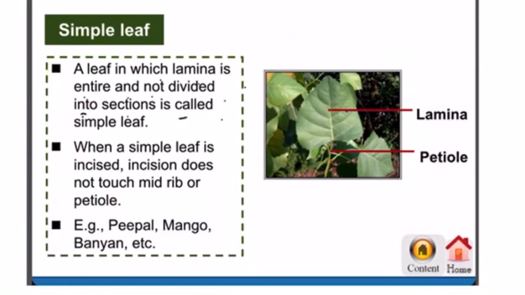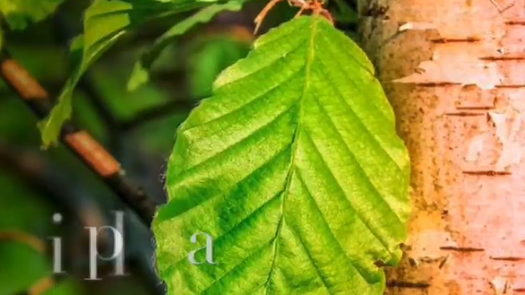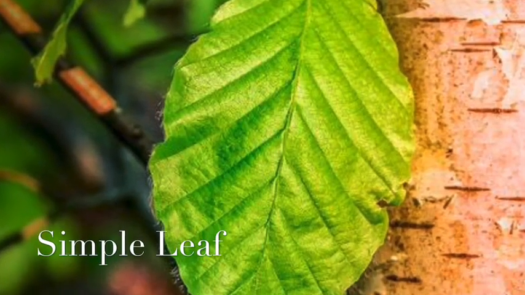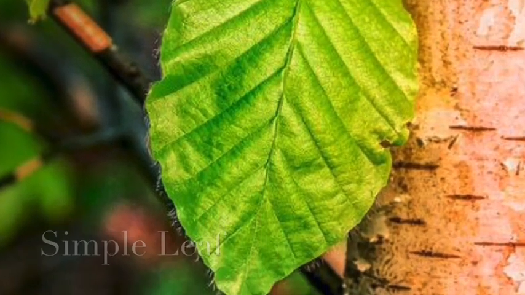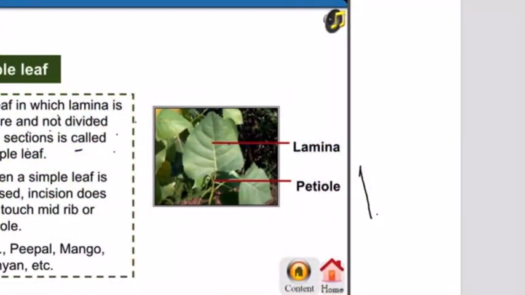Now see this. This is a stem, let's consider this is the stem. This is a node from where a leaf arises.